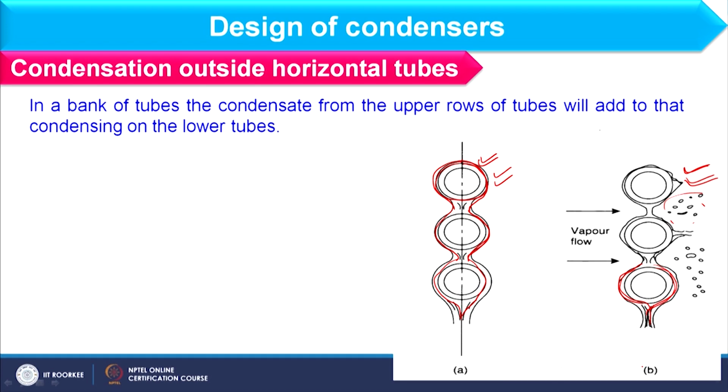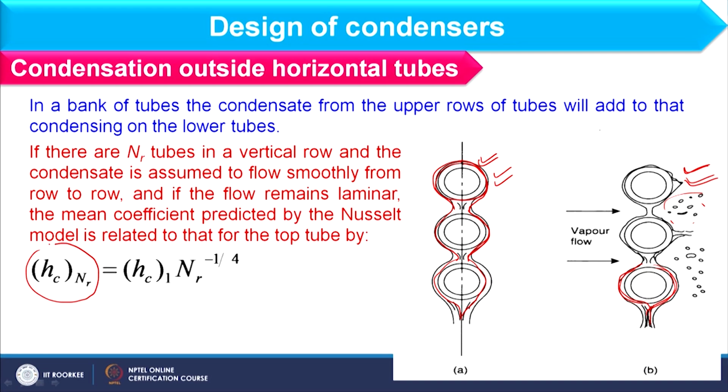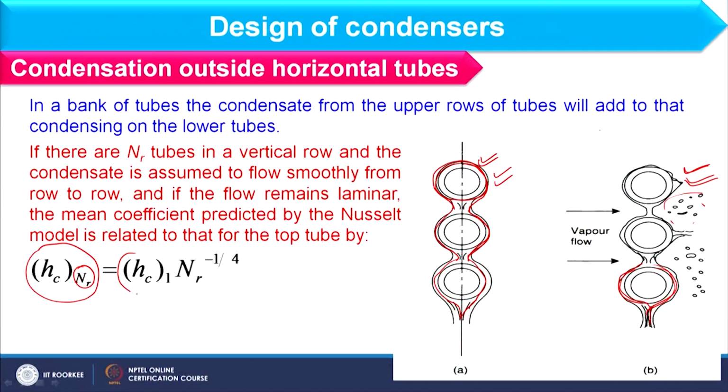Now, I am considering the heat transfer coefficient as h_c for N_r, where N_r is basically the number of tube rows in the bundle. So here I am considering a bundle where N_r rows are available, and in that case whatever heat transfer coefficient we consider for a single tube should be reduced by N_r power 1/4.